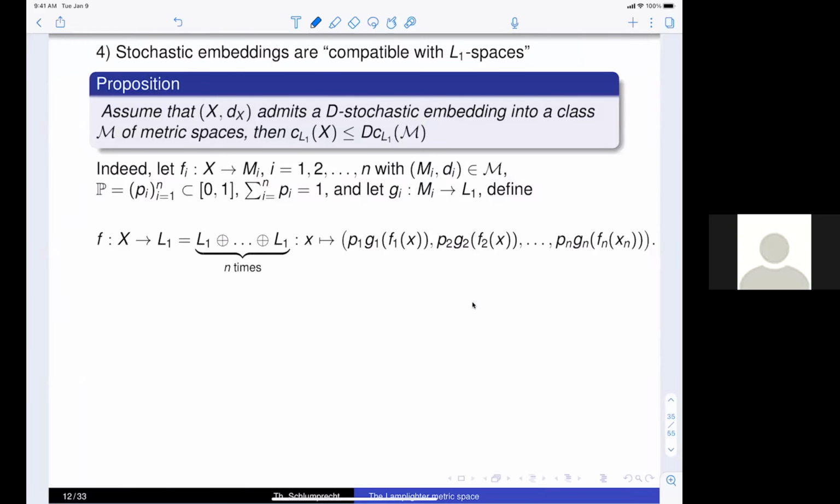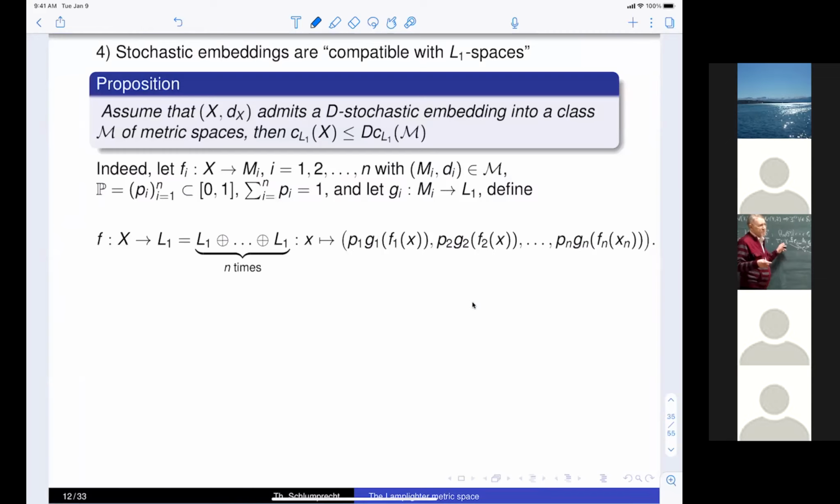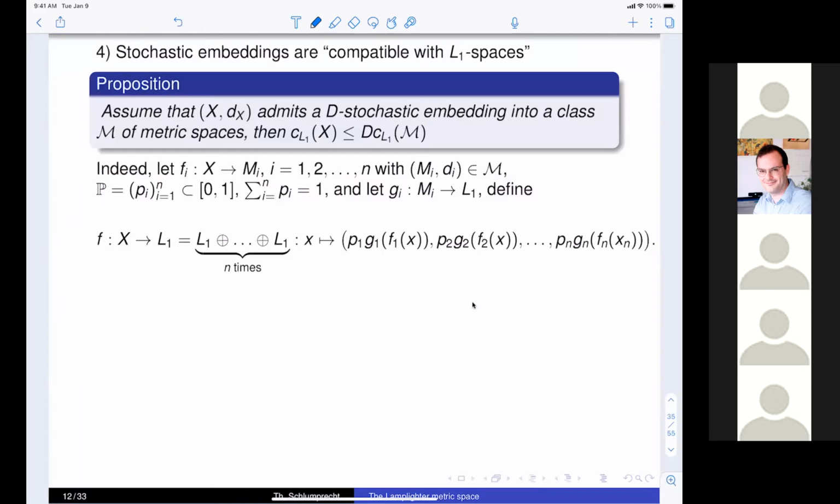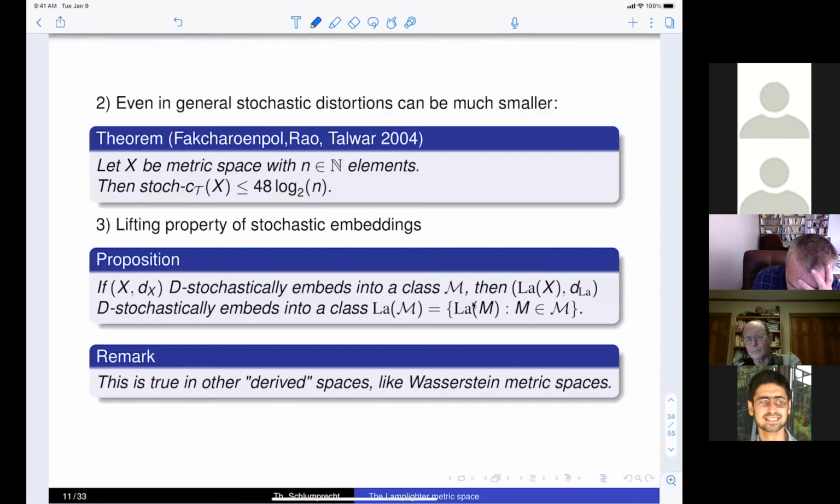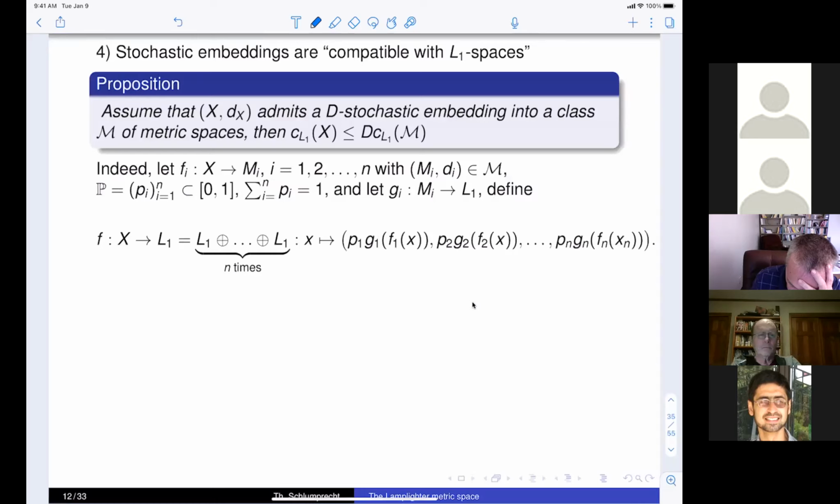Any questions? I wanted to ask, when you have these stochastic embeddings, in your case you used the discrete case, not finitely many, but you have P1, P2, and so on.